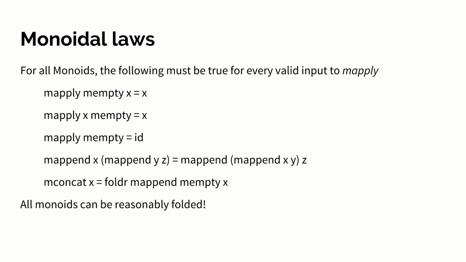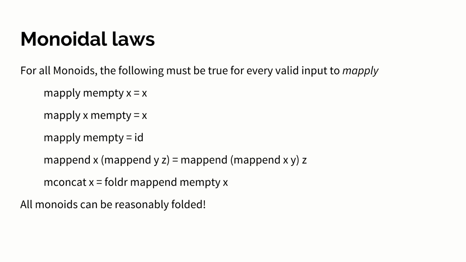The second rule re-expresses that notion: mappend with an x value and mempty should result in that same x value. And in general, mappend that uses mempty is a function that still takes one more argument, and that function is then equivalent to the id function, which also takes an argument.